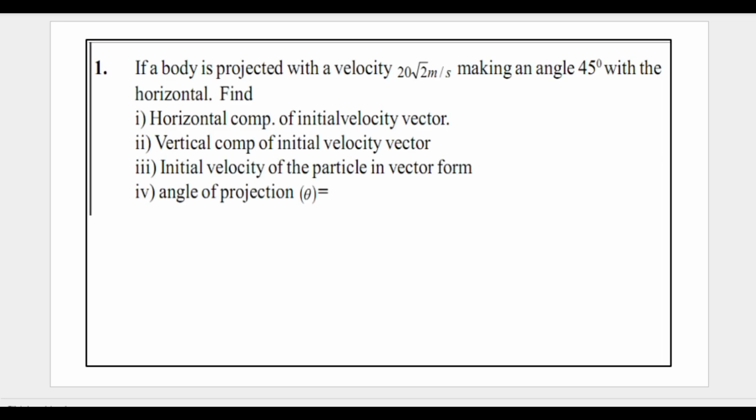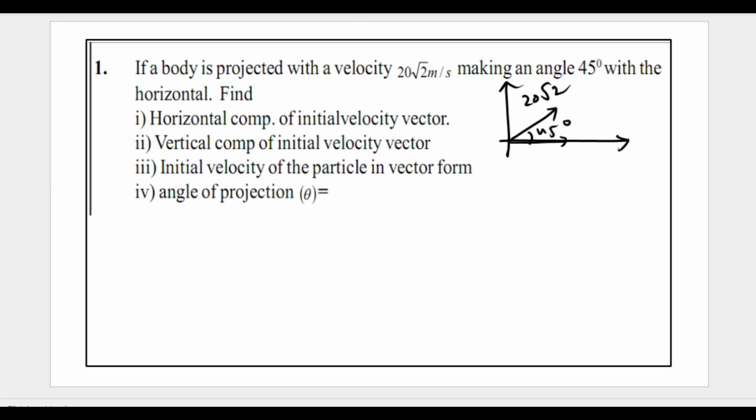First question. If a body is projected with a velocity 20 root 2 meter per second, making an angle 45 degrees with the horizontal, then draw a diagram. This is the x-axis, this is the y-axis.